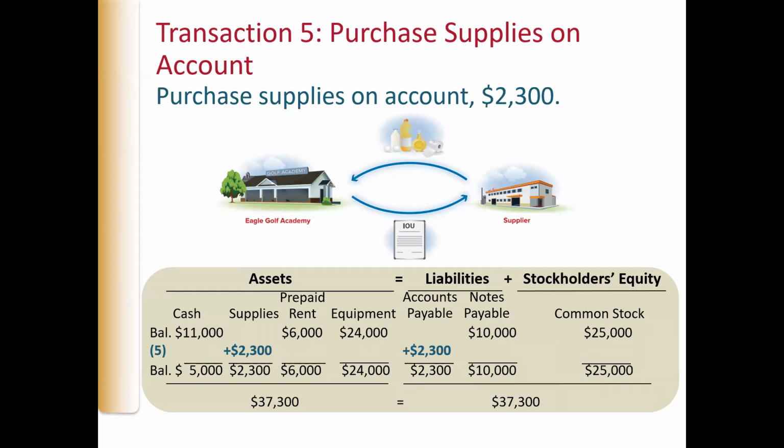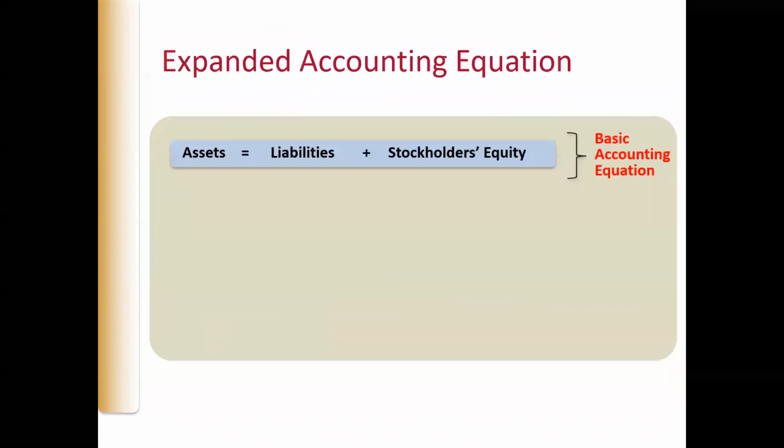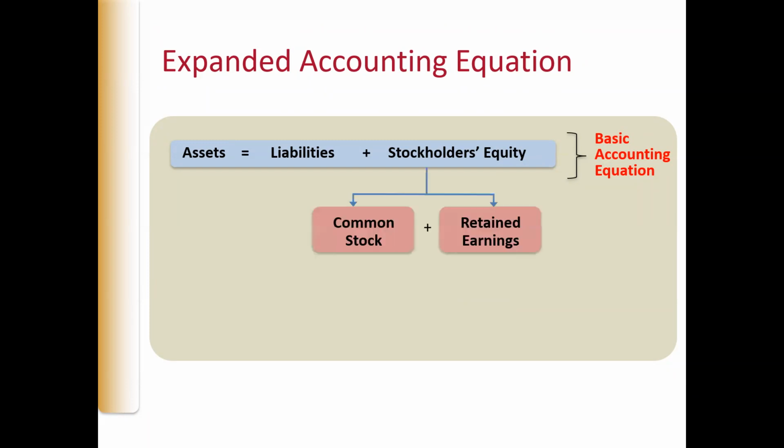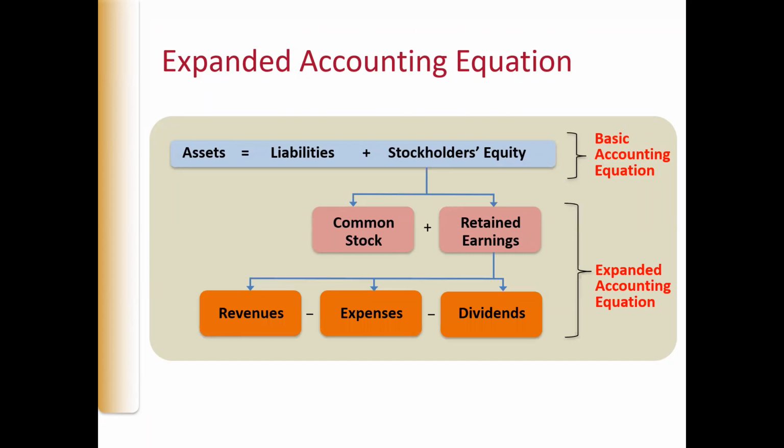Now, we're going to add another little piece. Do you guys remember me telling you last week that in our stockholders' equity section, the retained earnings added the net income and subtracted dividends? Do you remember that?